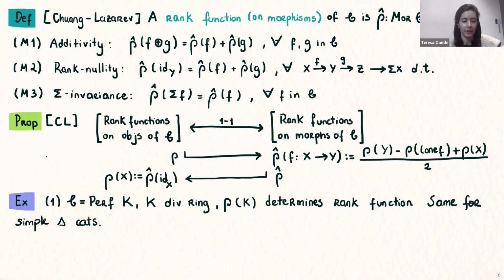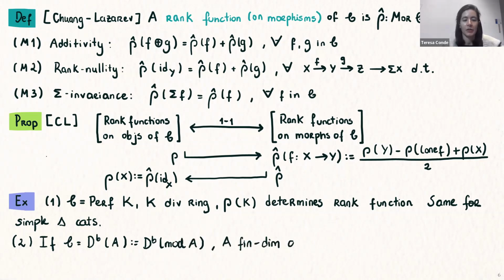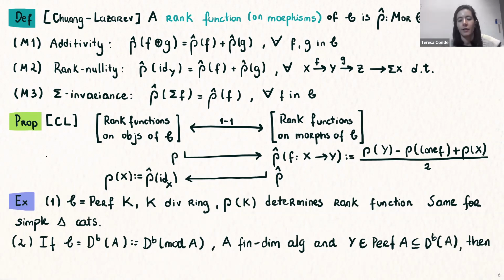of split triangles. Okay, so for another example, let's now assume that C is the bounded derived category of finite dimensional modules over a finite dimensional algebra A. And let's pick Y to be some perfect complex.